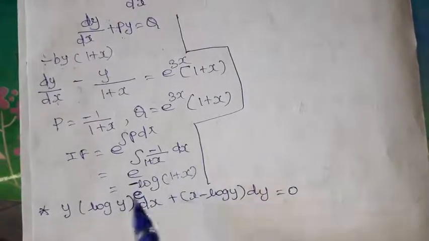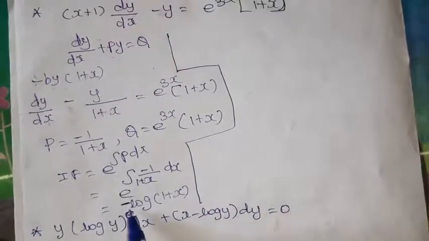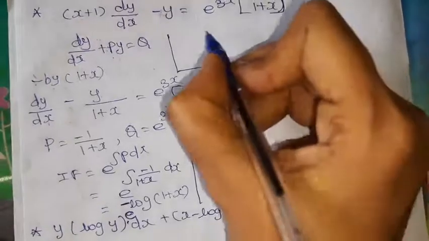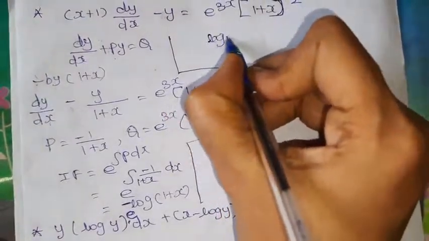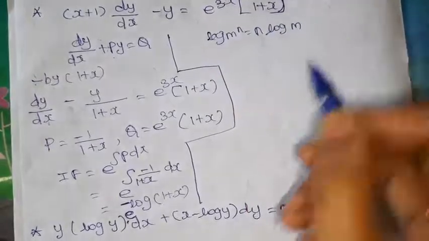So, we get e power minus log of 1 plus x. This minus sign is multiplied with the log; m log n is nothing but log n power m, the basic logarithmic rule.